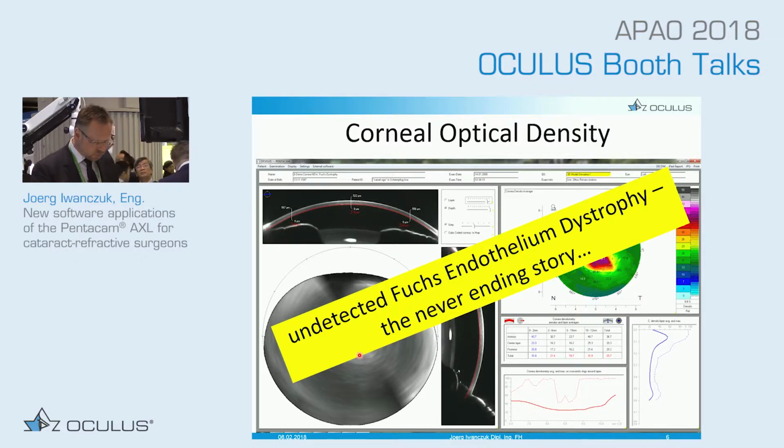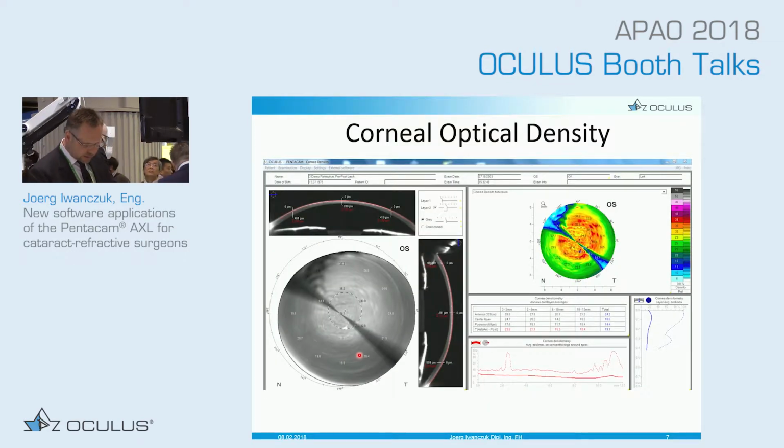The next what we are offering is, again, you see that area that is very red over here. And do you see this? This is a flap. This is a post-LASIK flap.